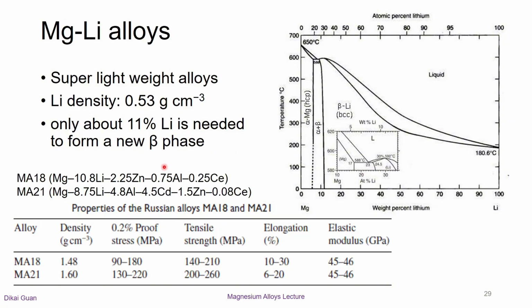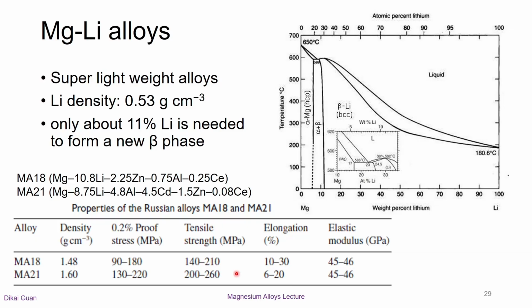A number of Mg-Li alloys were developed in Russia, including two designated MA18 and MA21. MA18 has a BCC lattice, whereas MA21 has a mixed HCP and BCC structure. These alloys are also workable, and some properties are summarized in this table.